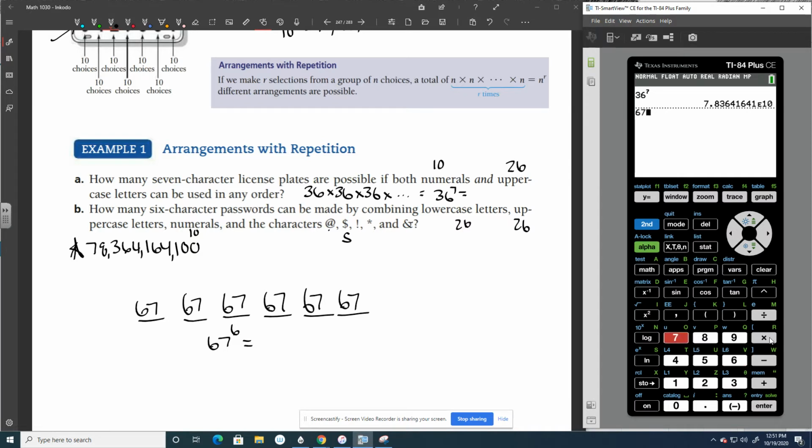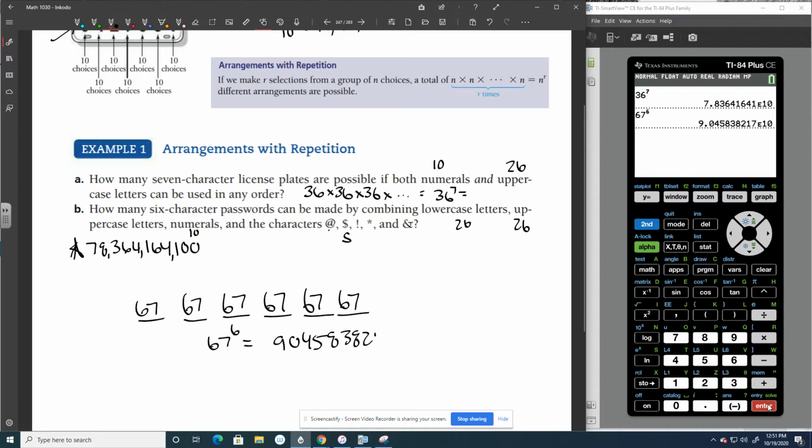So if I do 67 raised to the 6th power, because I'm going to do 67 6 times, this time we've got 90,458,382,169. So that's 1, 2, 3, 4, 5, 6, 7, 8, 9, 10 digits. So that's 90 billion different passwords, which would make trying to hack this password pretty difficult if you're trying to guess from 90 billion different possibilities, okay?